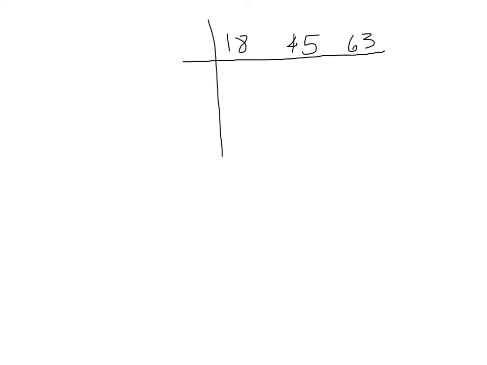So if I needed to find the GCF of 18, 45, and 63, I would look for what went into all of these. I recognize these right away as having 3 as a factor. 1 plus 8 is 9, 4 plus 5 is 9, 6 plus 3 is 9, 3 goes into 9 evenly. So I'm going to go with a 3. 3 goes into 18, 6 times 3 is 18. 3 goes into 45, I'm not sure, 15 times.